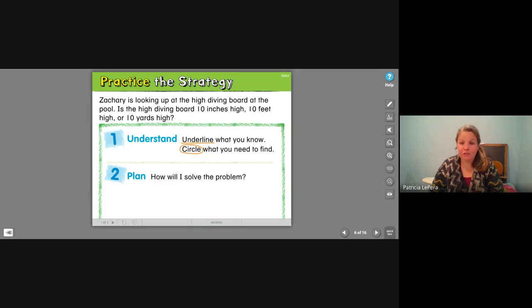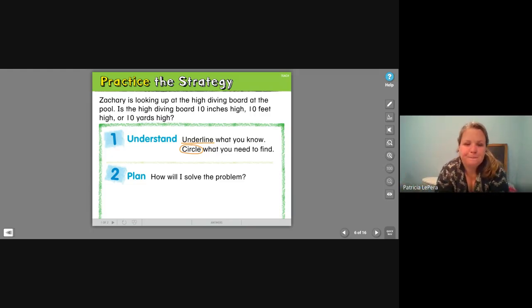If you have your measuring tape, you could get that out and measure what the height of 10 feet would be, to help you decide there. And our third choice is 10 yards high. So I'll hold this back a little bit. 10 yards high would be the height of 10 yardsticks. Now remember, this is the high dive.